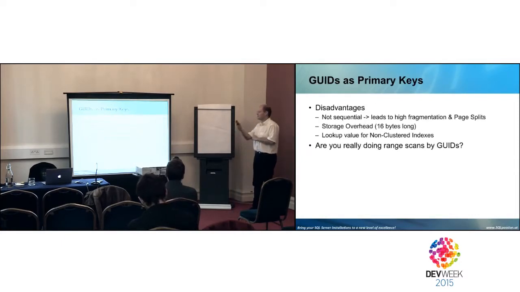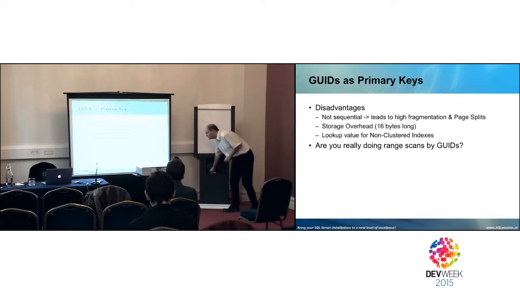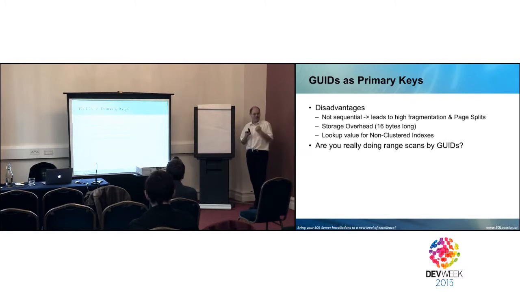What are the disadvantages of unique identifier values as primary keys? The problem is that they are not sequential. As I've already said, when we create a clustered index on that specific column, we are pre-sorting physically our data in the leaf level of the clustered index based on those unique identifier values.